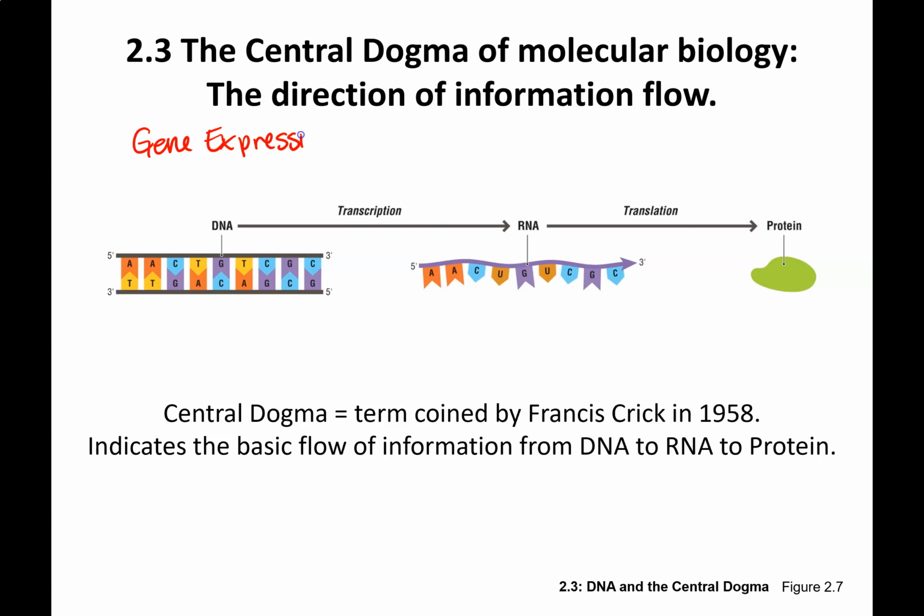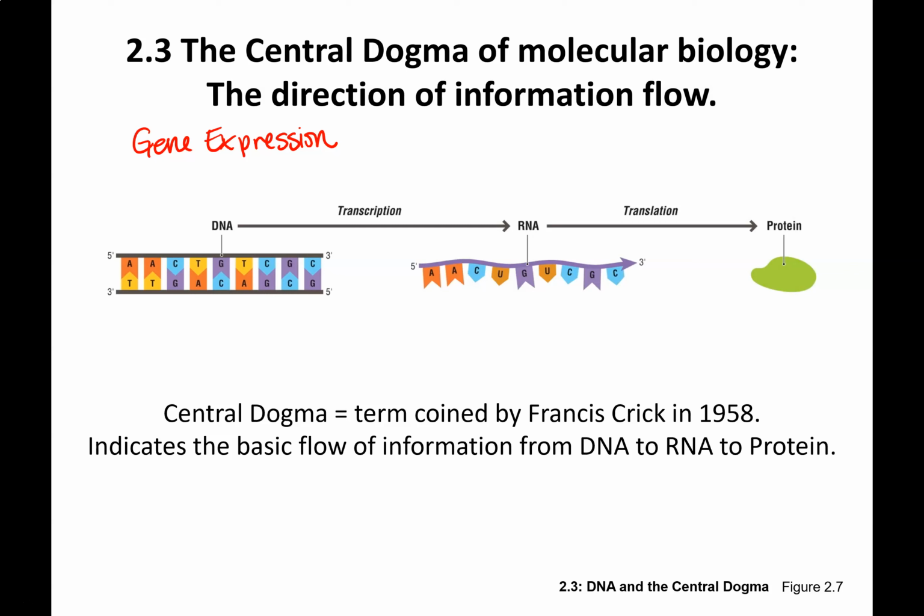The process of gene expression is described in something that we call the central dogma of molecular biology. This was a term that was coined by Francis Crick in 1958, and it describes how we actually get our information from our genes in our DNA all the way out to our phenotype.